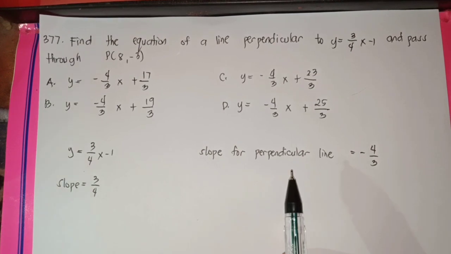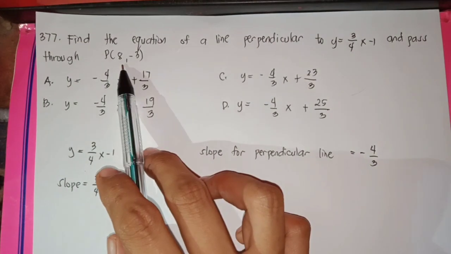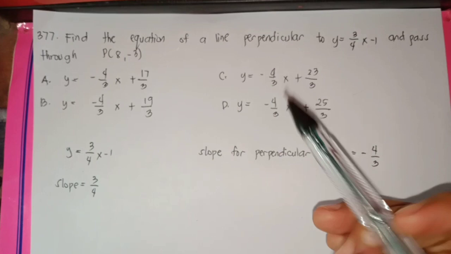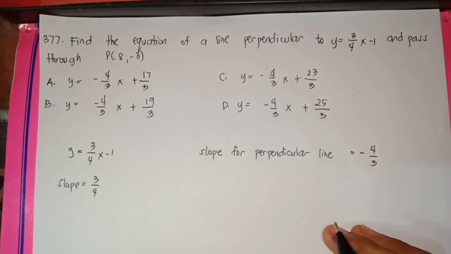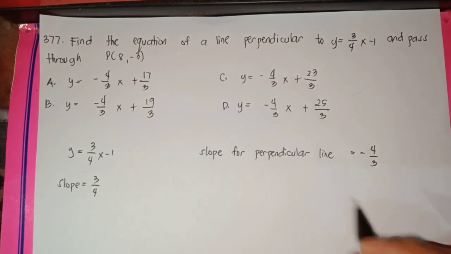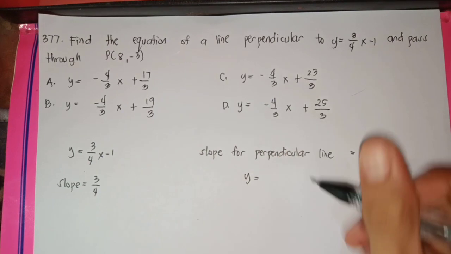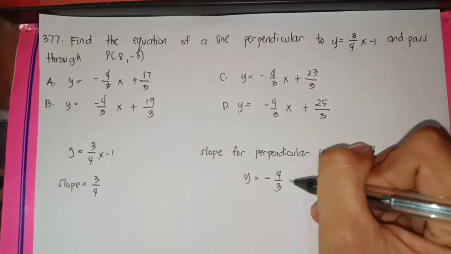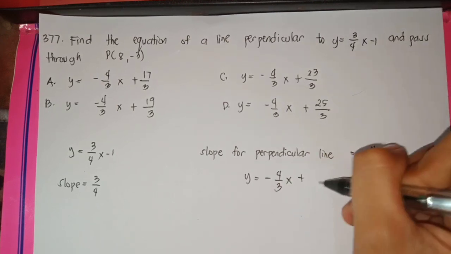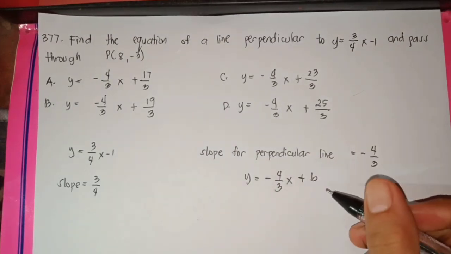Now, as the line passes through (8, negative 3), we will plug it into the standard equation of the perpendicular line, which is y equals negative 4 over 3 x plus b, the y-intercept.